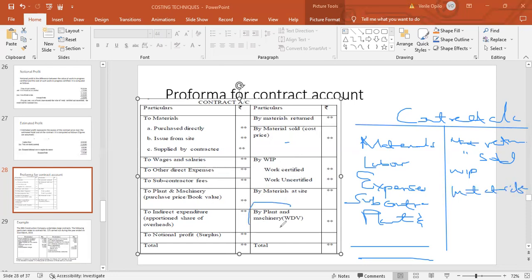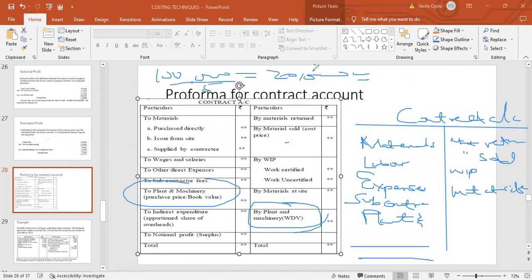Then now we have that plant and machinery. Remember, our plant and machinery, we say that we have purchased a plant that is worth 100,000. We have used it for 1 year. And because now it is expected to be used for 5 years, then we have depreciated it for that 1 year, and the depreciation expense is the 20,000.